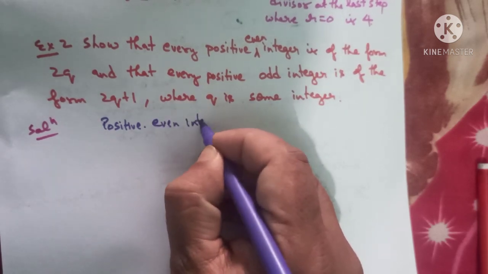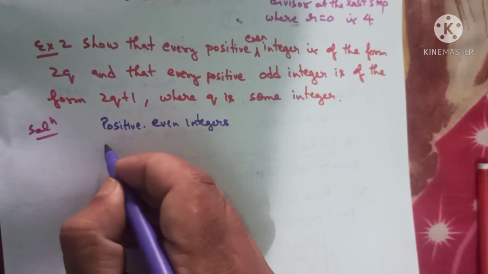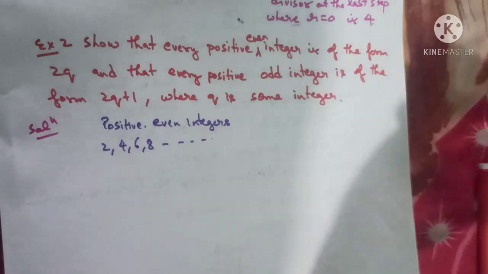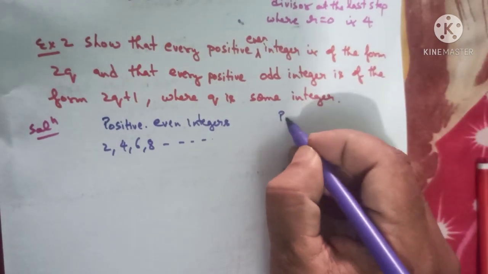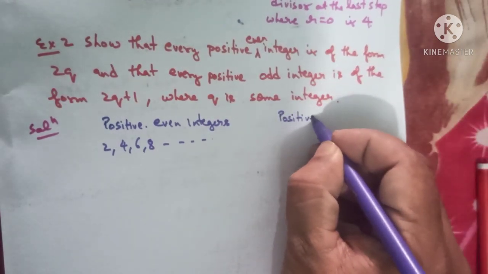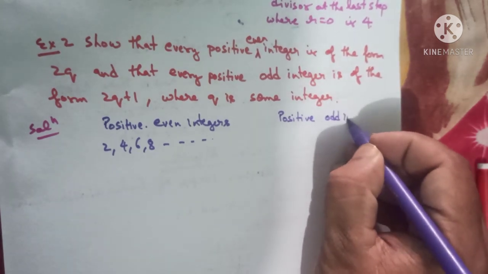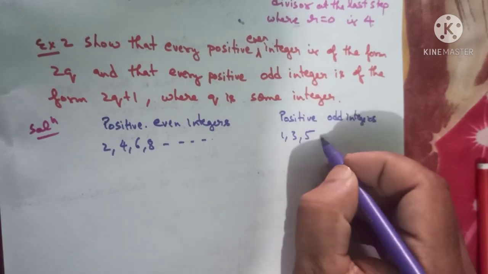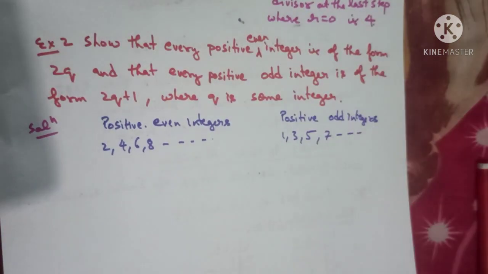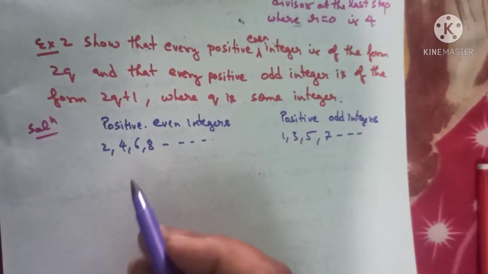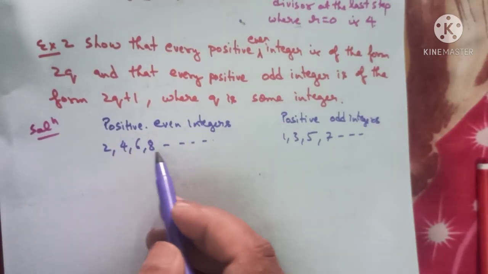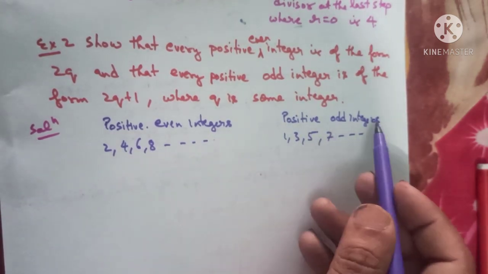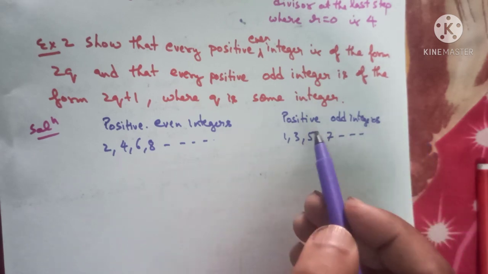The set of positive even integers will be 2 4 6 8 and so on. Similarly, positive odd integers will be 1 3 5 7 and so on.